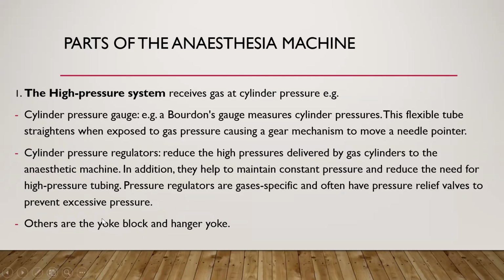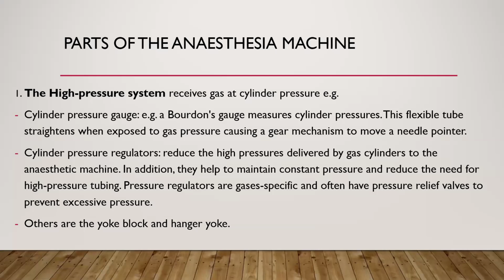So basically the anesthesia machine is divided into 3 parts. We have what we call the high pressure system, which receives gas at cylinder pressure. That's why I call it high pressure. Can you imagine an oxygen cylinder at 137 bars, or a nitrous oxide cylinder at around 745 bars? Any of these apparatus that receive gas at such cylinder pressure are called the high pressure system.